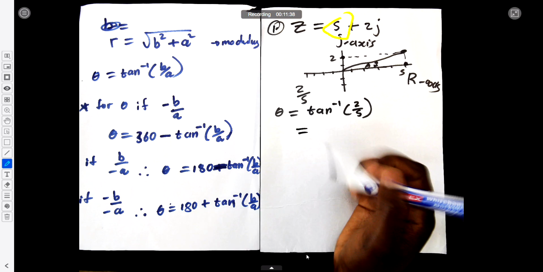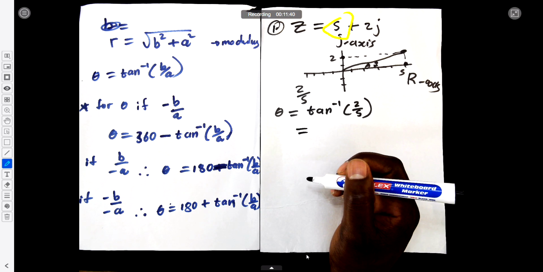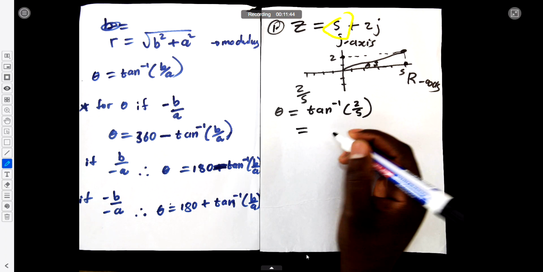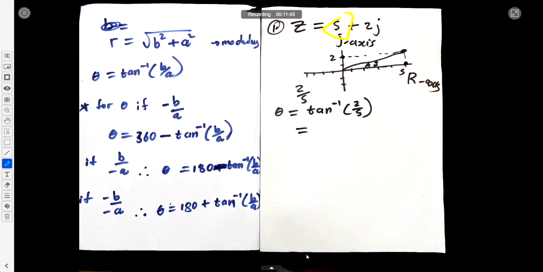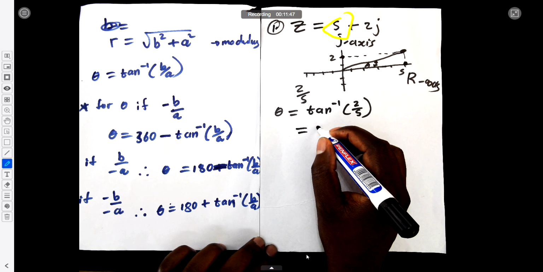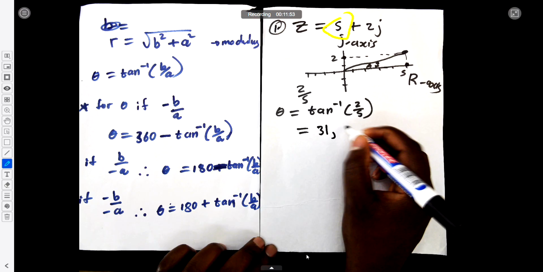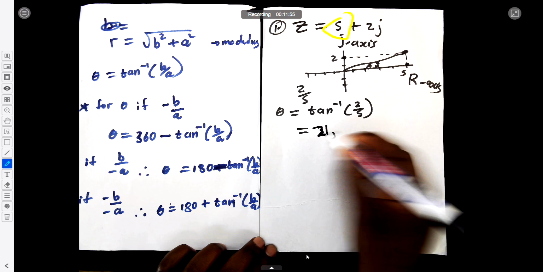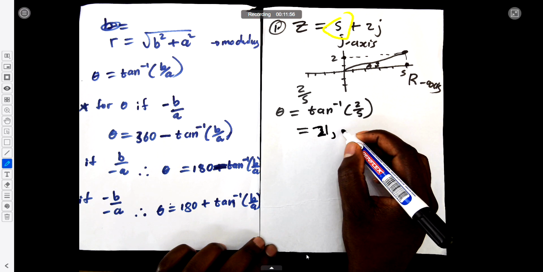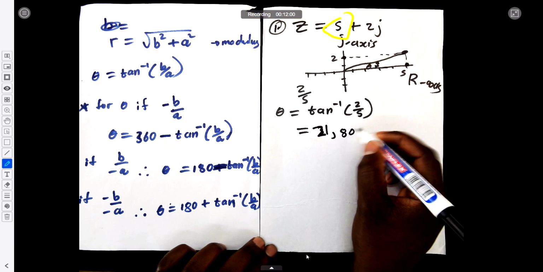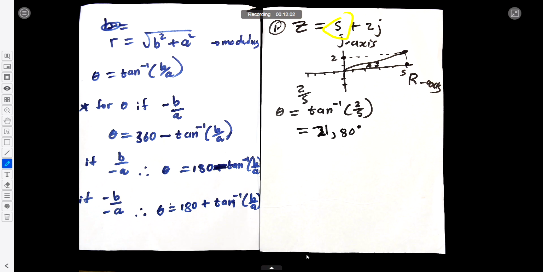So the answer will be arctan 2 over 5, which is 21.80 degrees.